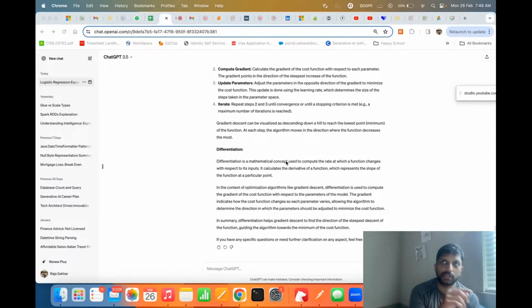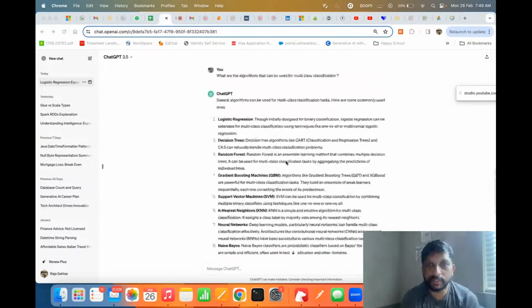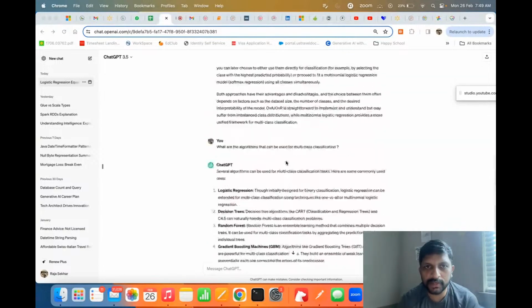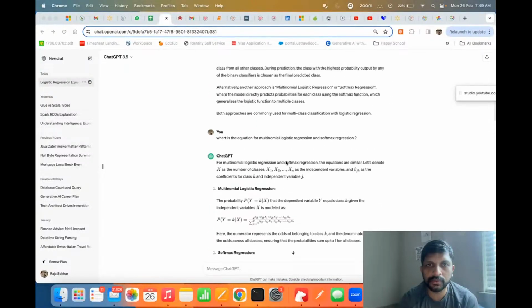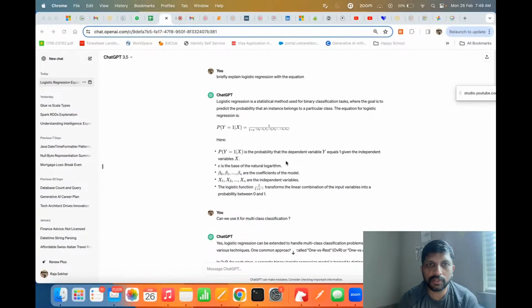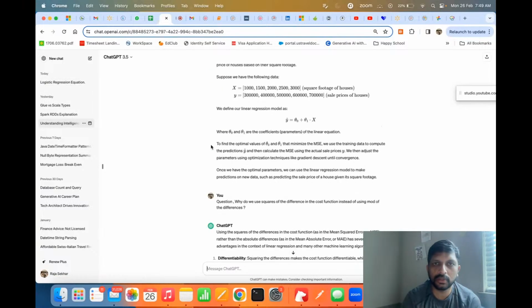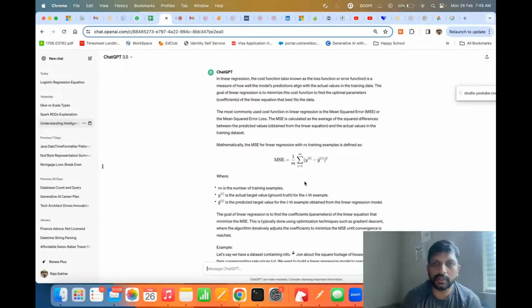So that equation j, the cost function's equation, is somewhere here. Yeah, here, this one. This is the mean square error cost function.